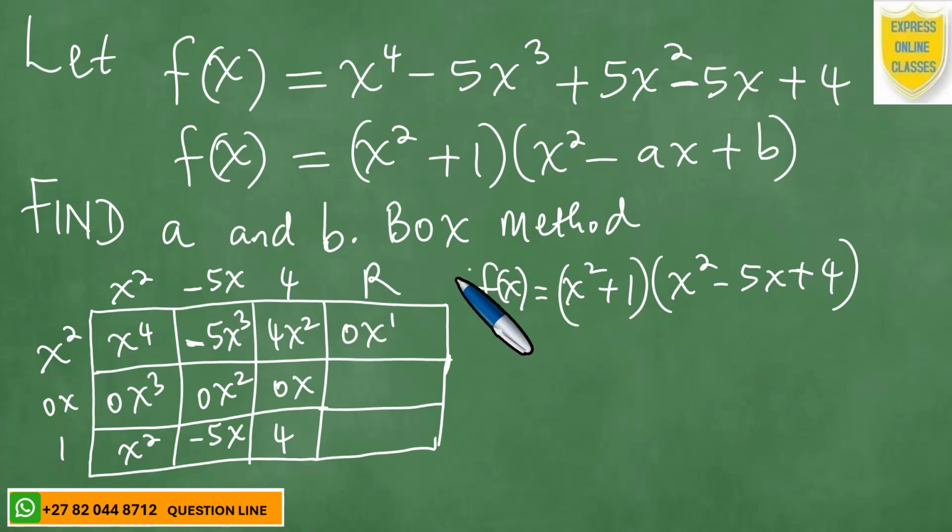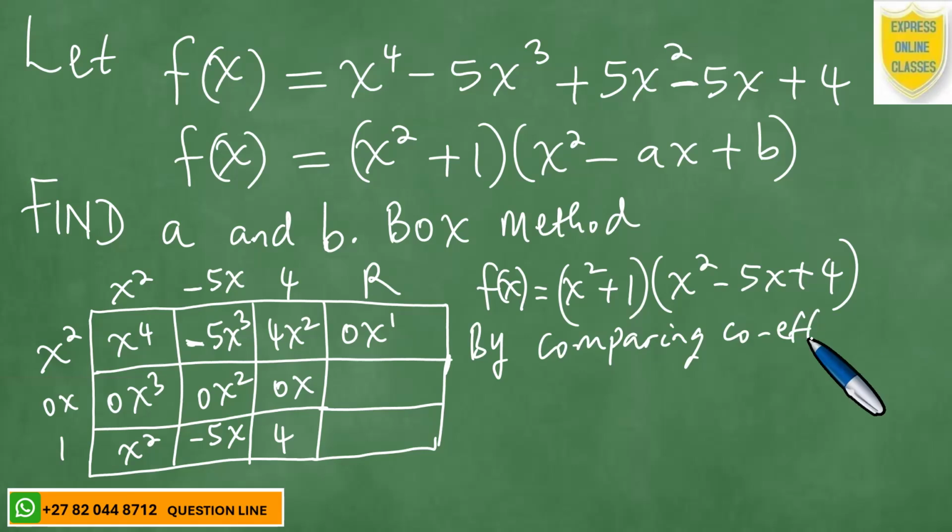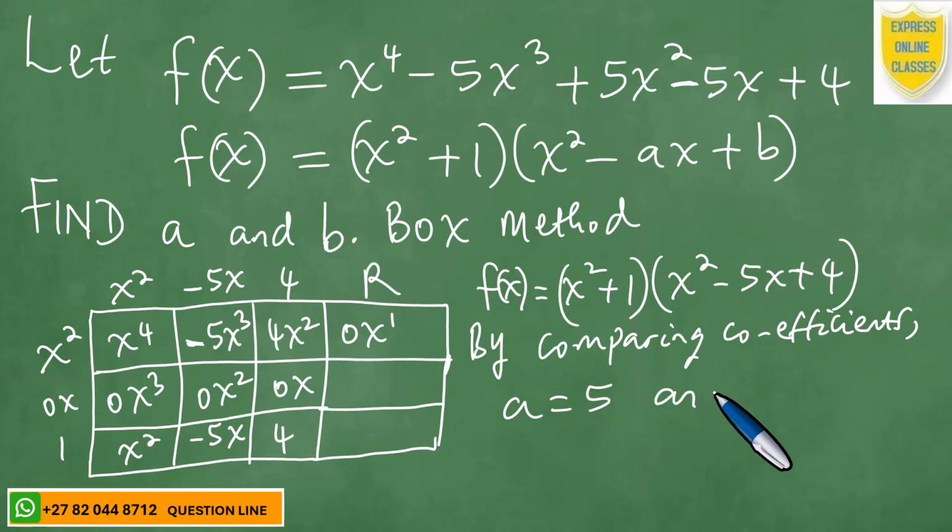We need to find A and B. By comparing coefficients, it is clear that our A is exactly 5, and our B is precisely 4 there.